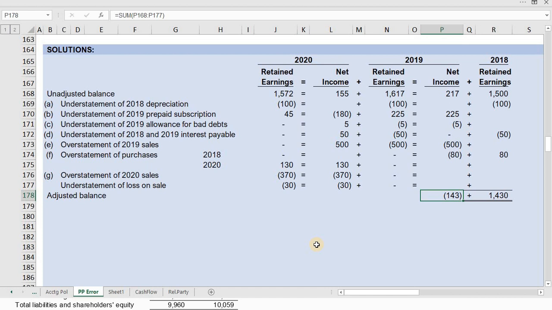Then in 2019, the retained earnings adjusted is 1,187. Then in 2020, the adjusted amount is 260 pesos, which is still an income. Then at the end of 2020, the retained earnings has an adjusted balance of 1,247 pesos.